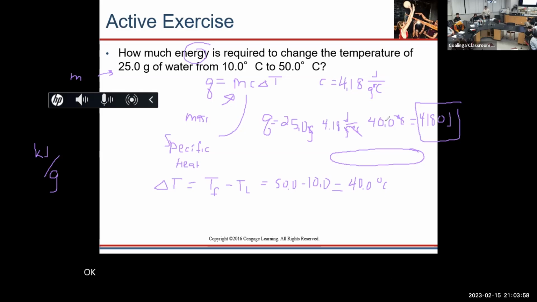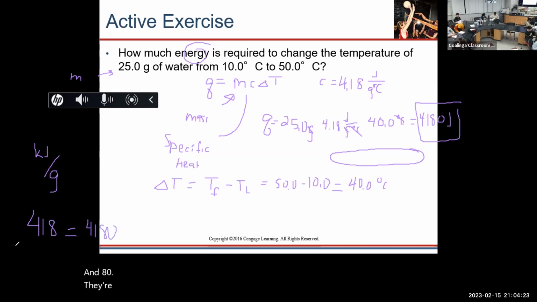Questions? Yes. There's 3 sig figs. Let me ask you this: is 418 equal to 4,018? No, they're not.